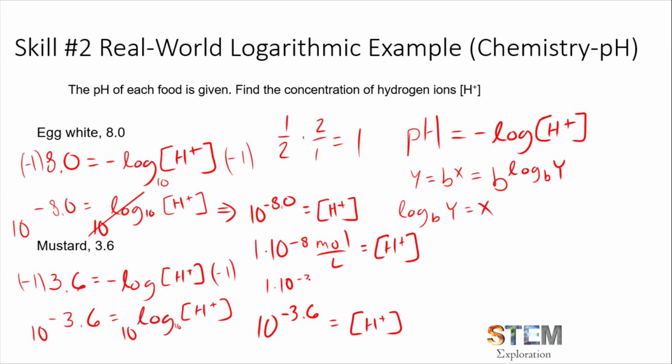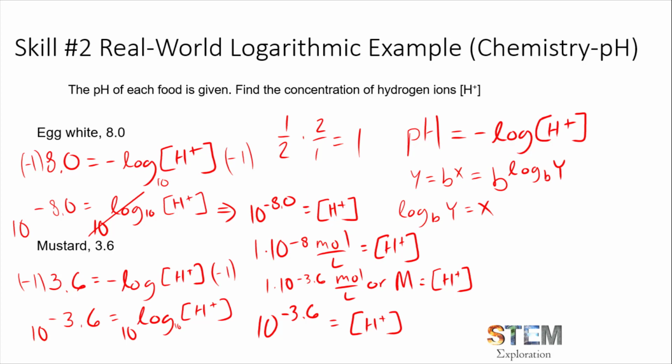And so after we compute this out, we can just say 1 times 10 to the negative 3.6 power moles per liter, or molarity, depending on how familiar you are with acid-base chemistry, is the concentration of H plus in solution. All right, and this is the hardest type of pH example that you may see.